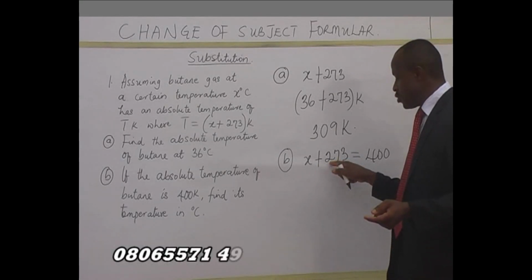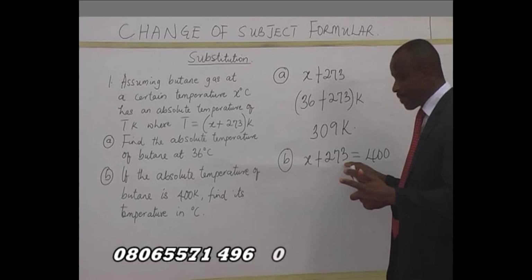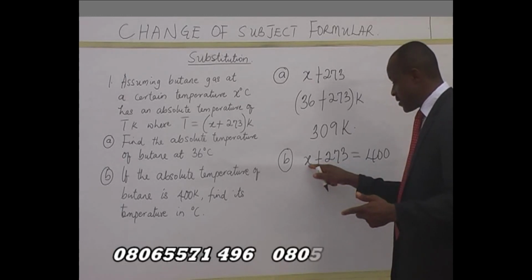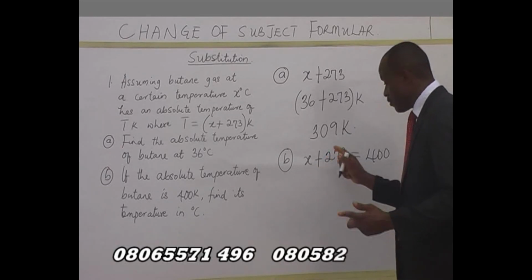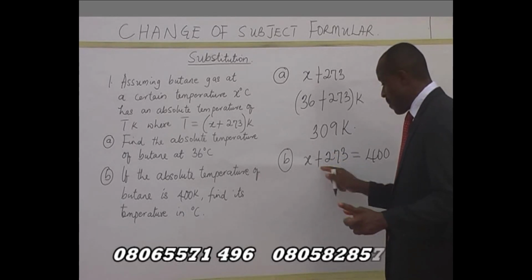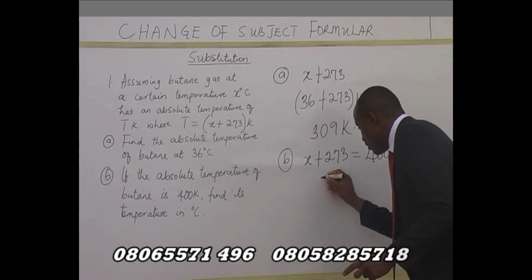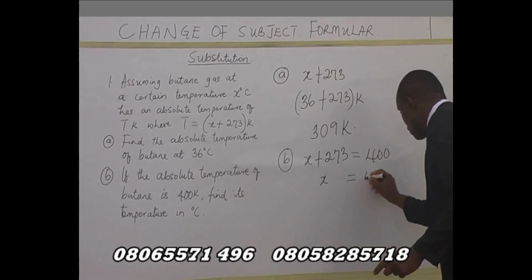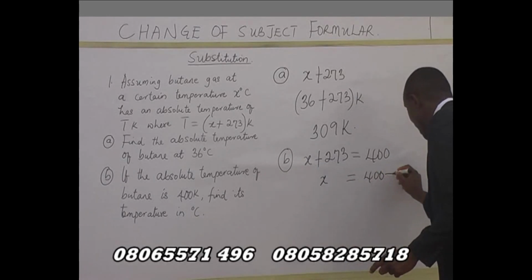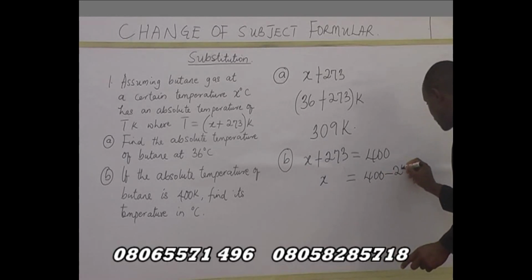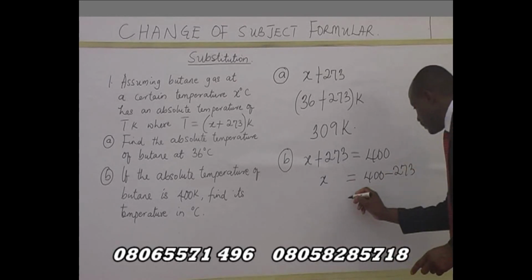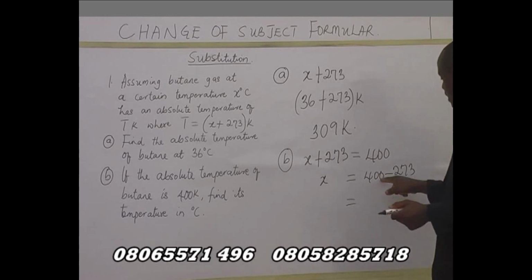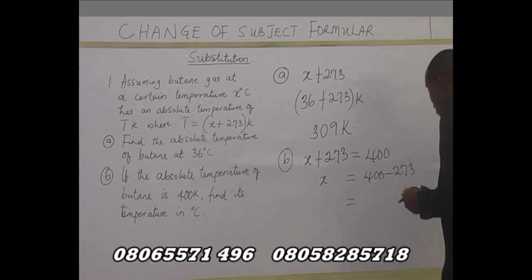Subtract 273 from both sides. If you subtract 273 from X plus 273, you're going to have only X left on the left-hand side of the equation, and it's going to be equal to 400 minus 273. 10 minus 3 will give you 7.